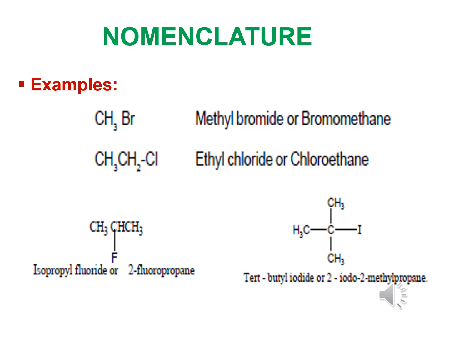The last compound is a tertiary compound because the carbon that bears the halogen does not have any hydrogen. It has methyl on all the other positions, so that's why we call it tertiary. Why is it tertiary butyl? Because the carbon count is 4 and it is tertiary, so we call it tertiary butyl iodide or 2-iodo-2-methylpropane.